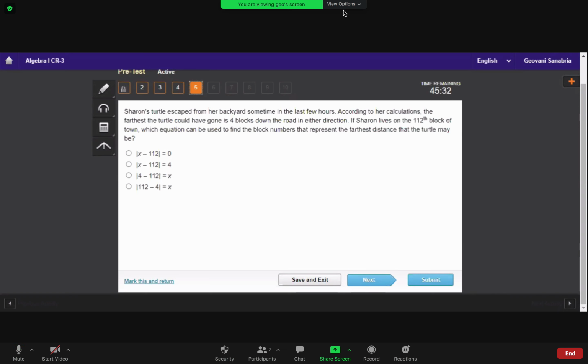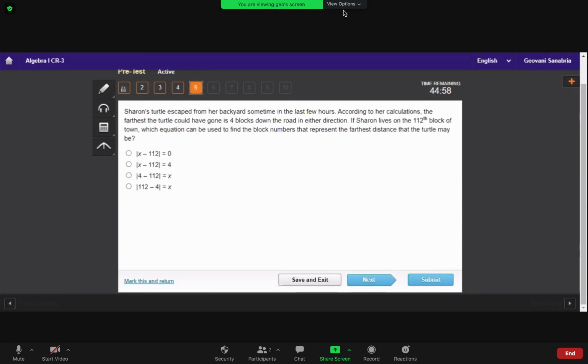So if you start at 1/12 and you subtract x, well, it doesn't even tell you what x is, but it asks which equation could be used to find the block numbers that represent the farthest distance that the turtle may be. It would be the second one, B.